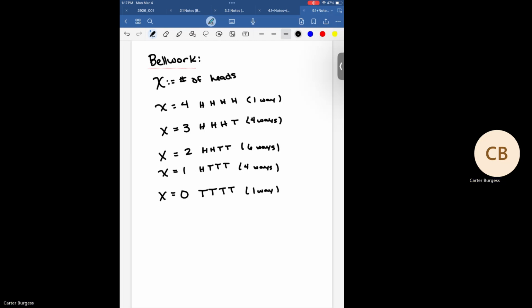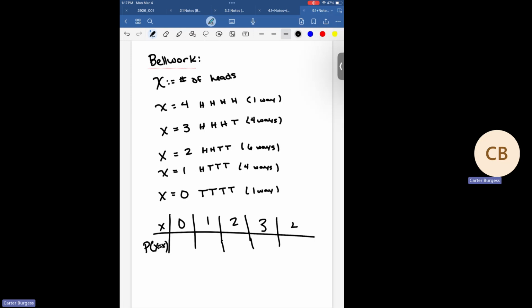Okay. So total, how many different options do we have? We have 16 different options total. And so if we are constructing the PDF, value that we have 0, 1, 2, 3, and 4.